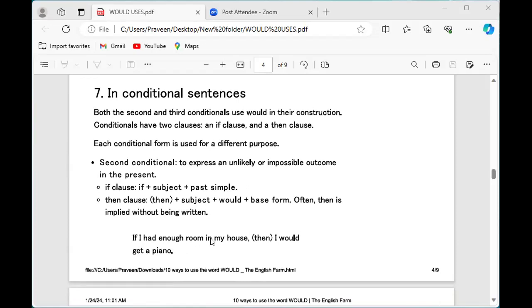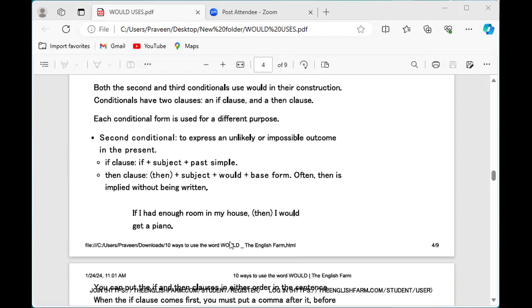If I had enough room in my house, then I would get a piano. Due to not having enough space in his room, he dropped the plan of buying a piano.